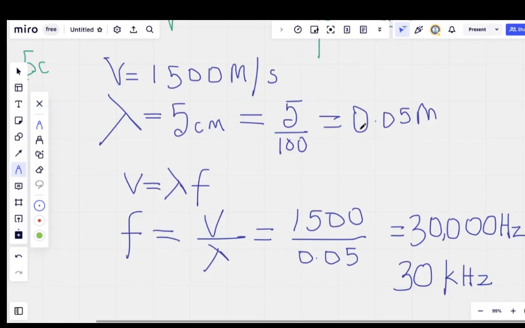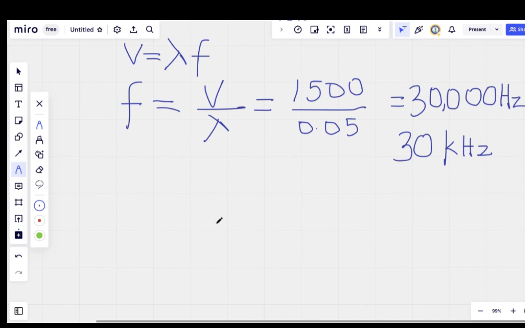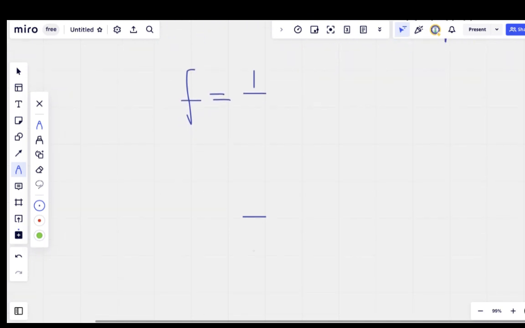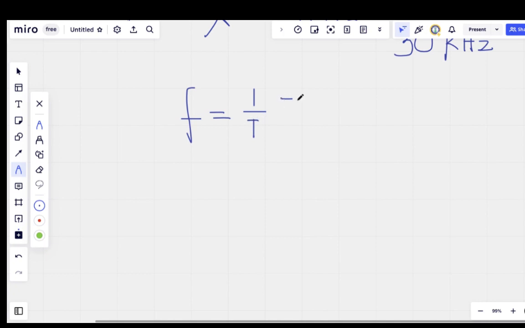The first thing we do is that the frequency is equal to 1 over time period. So that is 1 over 3.2, which gave us 0.3125.